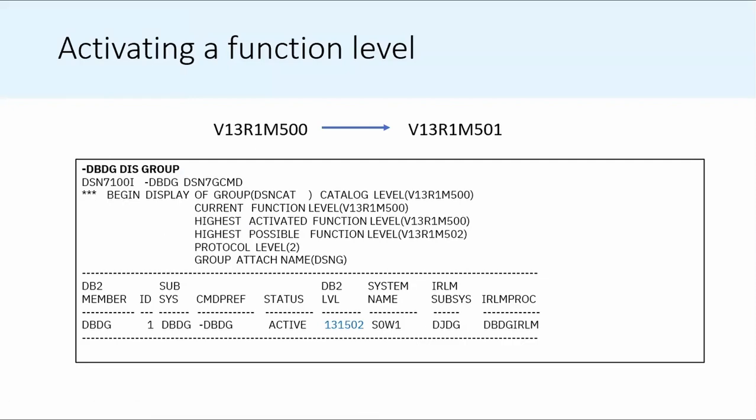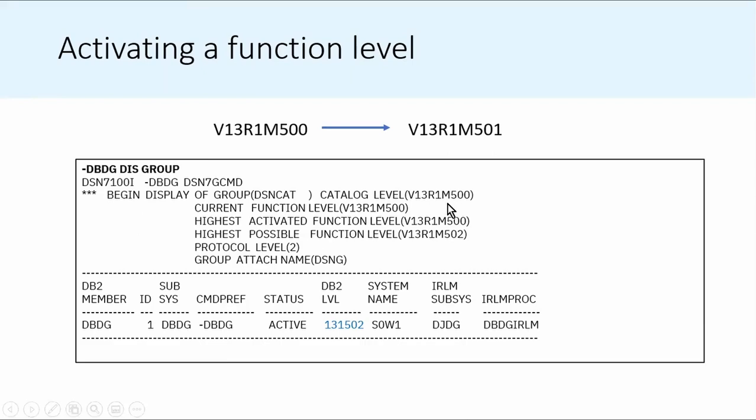In this example, we are going to be moving from V13 R1 M500 to V13 R1 M501. This is the same display group command that Mark showed us earlier. They're not highlighted here this time, but we do have the catalog level listed, again V13 R1 M500.